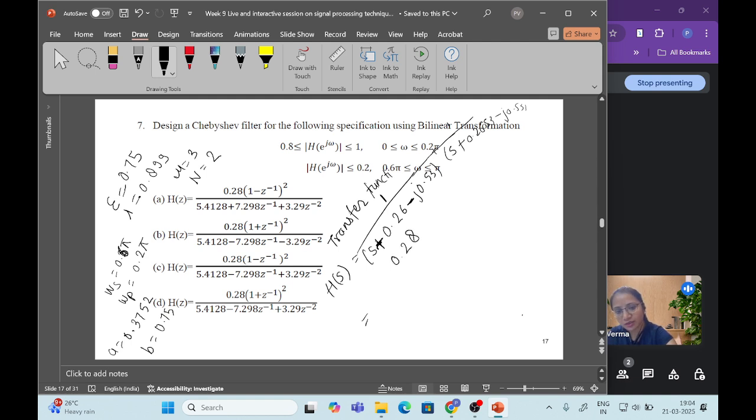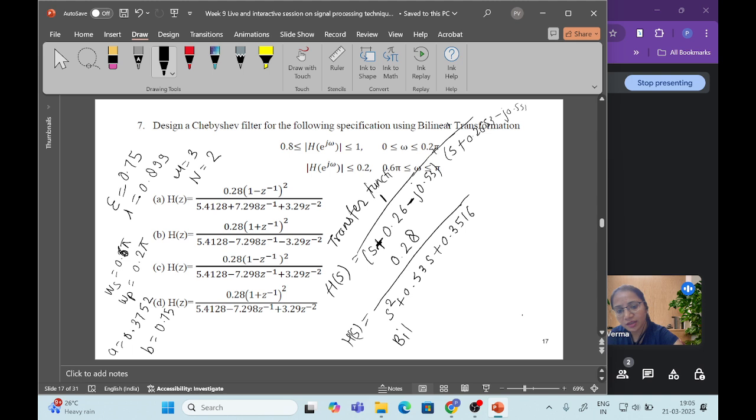You will get 0.28 divided by s square plus 0.53 s plus 0.3516. The final transfer function after dividing and getting the constants, you will get this function. Okay, so now we know how to do the bilinear transformation.